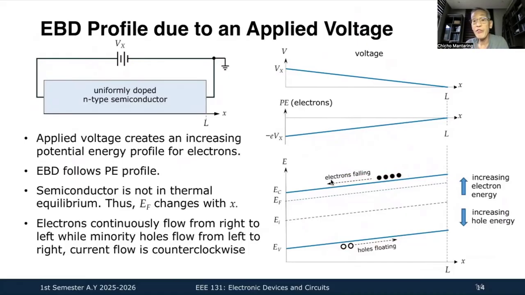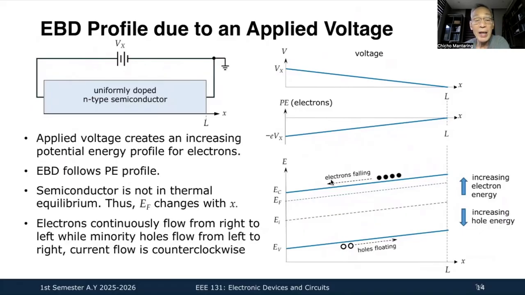This is your drift velocity, which is the average velocity that your electrons or your holes will flow in the semiconductor. So this is now what will sustain the current in this particular situation. Okay, but what I wanted to point out here was that an applied voltage also causes band bending.